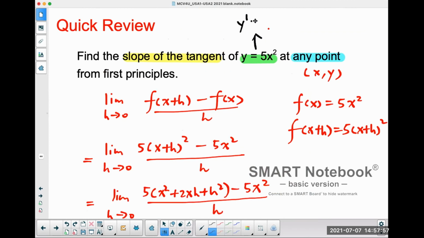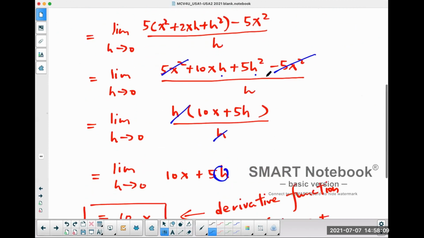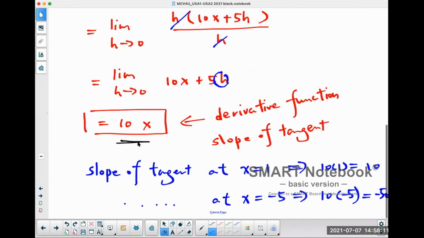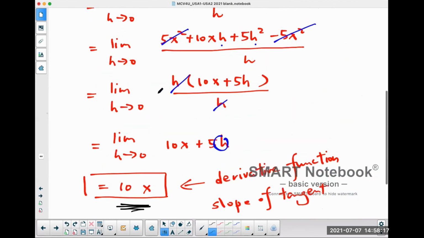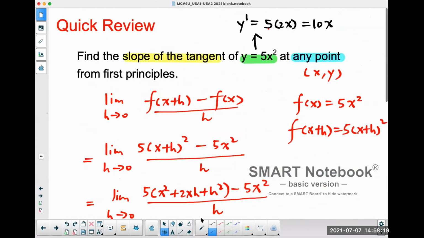Y prime, you're going to keep the 5. 10x. Exactly, right? X squared becomes 2x. 5 times 2x becomes 10x. And you can check. What do we get here? Well, we do get the same answer, right? This is a lot longer. This is a lot faster.